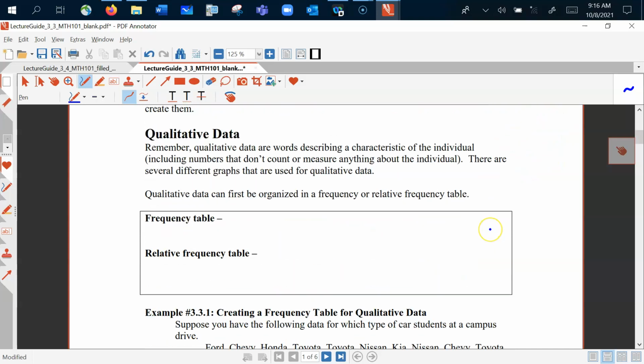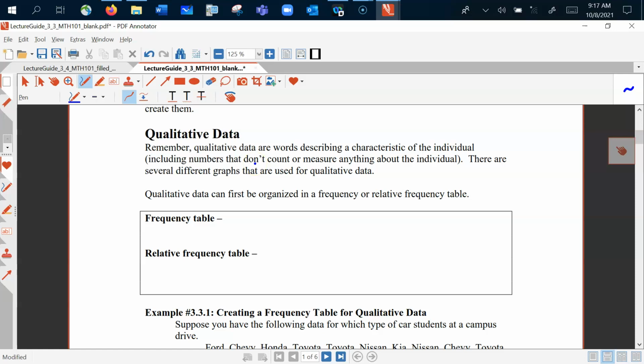Moving on, in 3.3 we talk specifically about qualitative data, and remember from a previous section that qualitative data are words describing a characteristic of the individual. So it's a name, it's a label, it's a trait that's not numeric. Now potentially it could be a number, but that number doesn't actually measure anything about the individual.